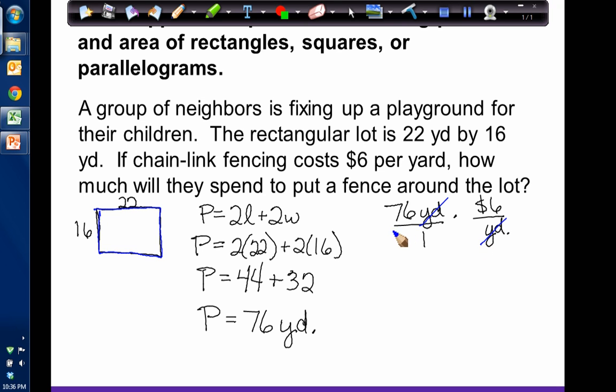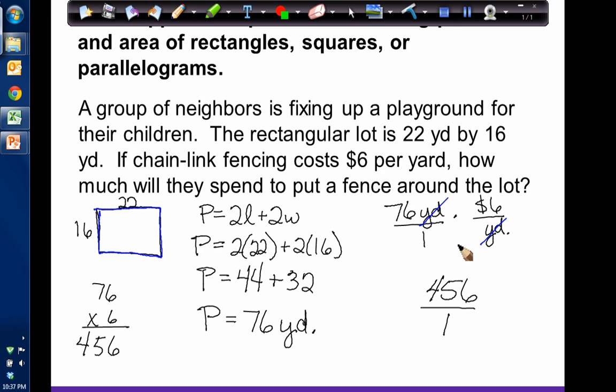So when we multiply, we're going to have 76 times 6. Let's do that over here real quick. 76 times 6, 36. 3 plus 42 is 456. So 456 in the numerator and 1 in the denominator. Now, what happens to our units?